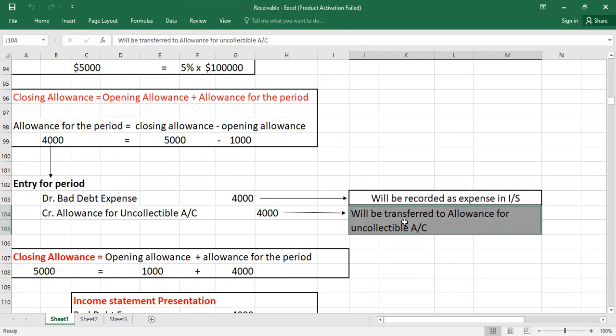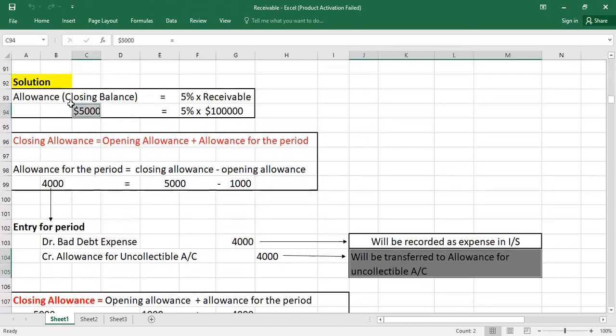And don't forget, when we calculate the NRV, we need to subtract the closing balance of the allowance, which was 5,000 as calculated above.